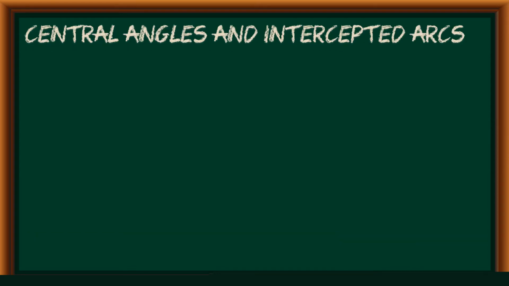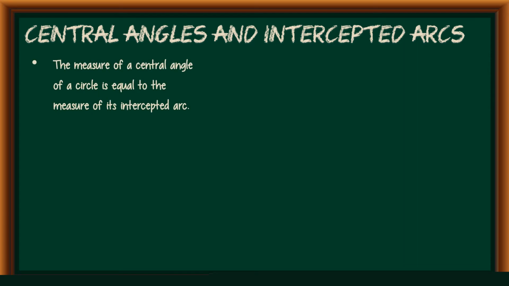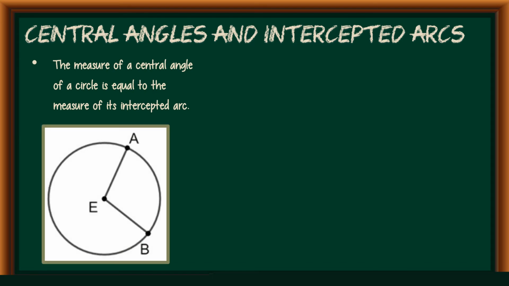Let us discuss some special theorems and postulates on central angles and intercepted arcs. Note that the measure of a central angle of a circle is equal to the measure of its intercepted arc. So if we have this circle E, what is the name of the central angle? Okay, we have the central angle AEB.